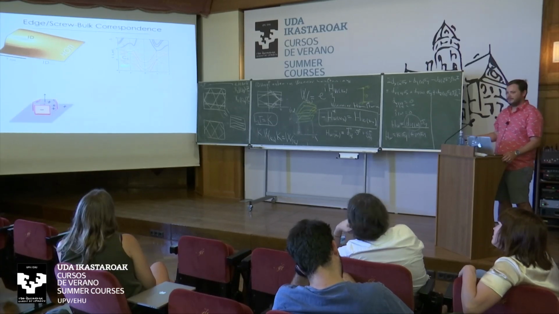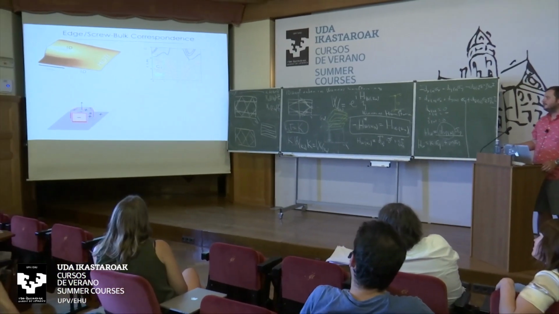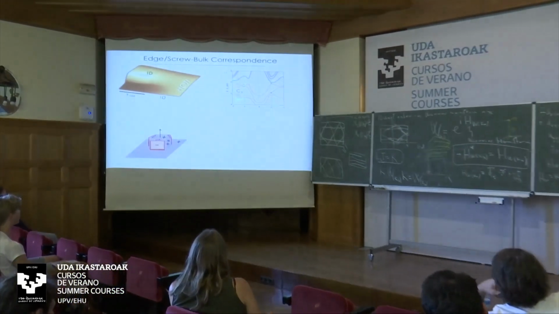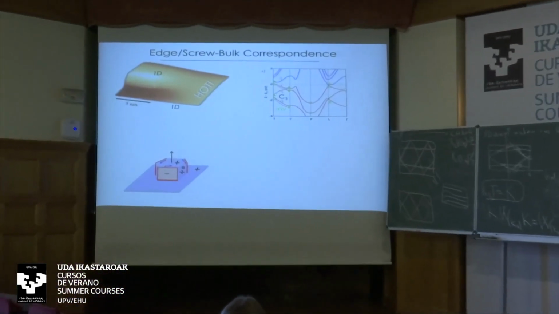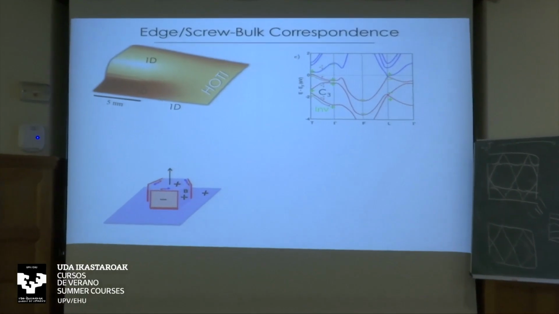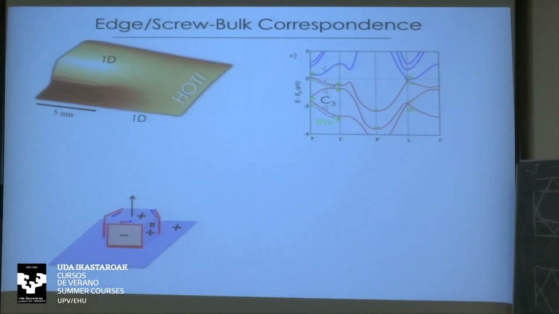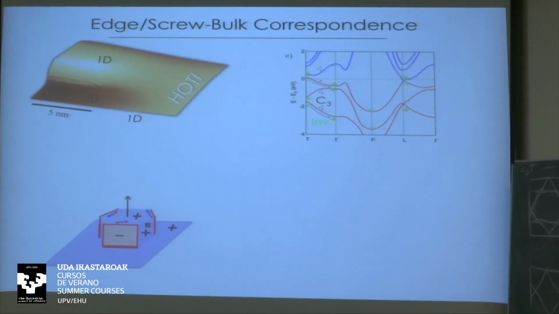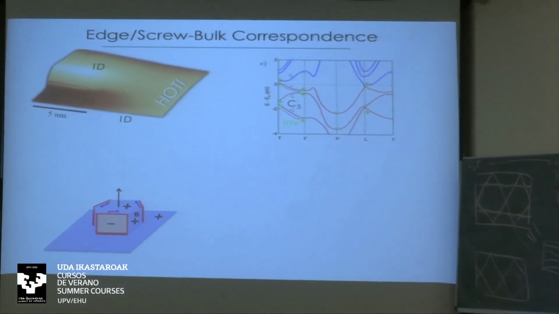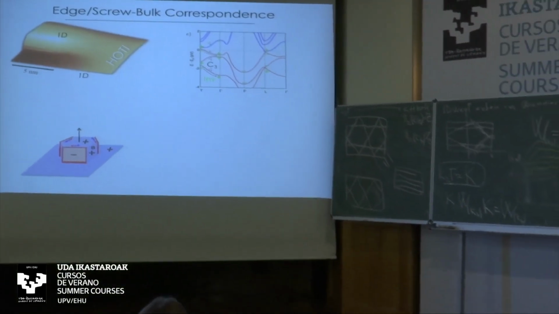This guy? Yeah. So basically, this surface and that surface are identical, are the same termination of bismuth. So we would expect that they would have the same inversion eigenvalue. Yes.